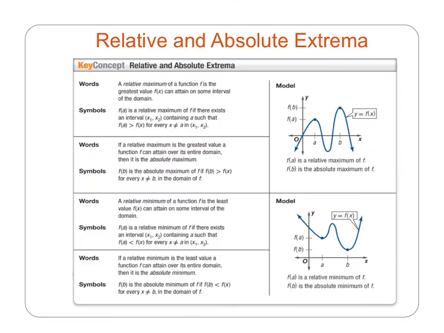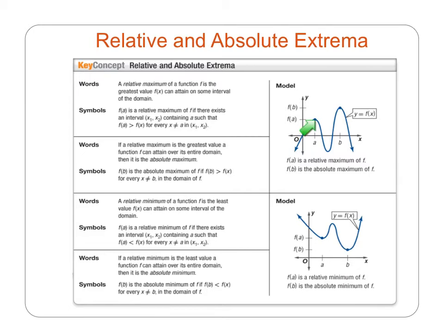On this page, we're going to discuss relative and absolute extrema. I outlined some of this on the last slide, so I'm not going to go through all of it completely, but I am going to talk about the models here, the graphs that they give you.